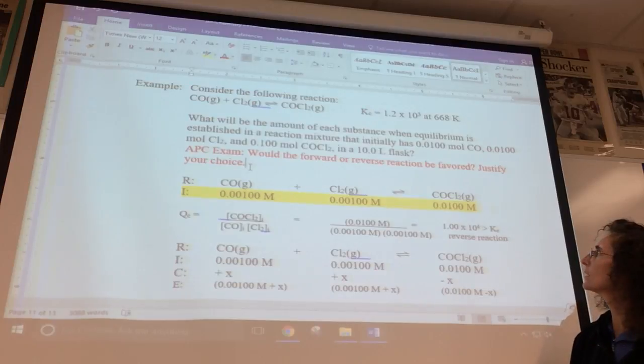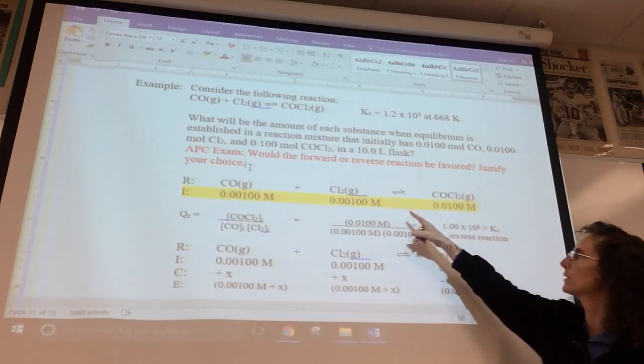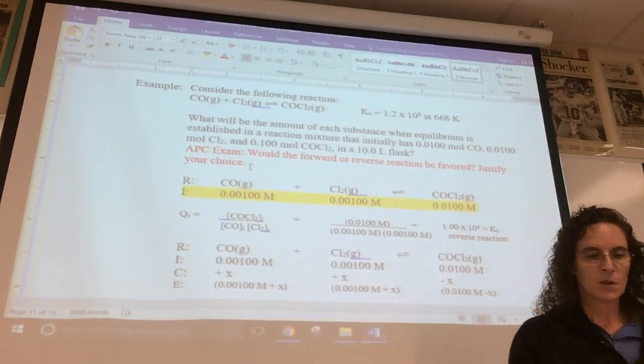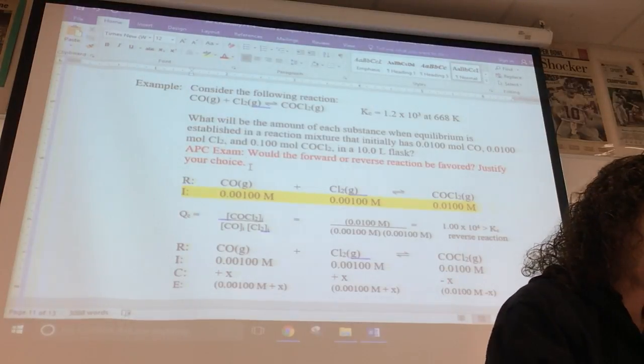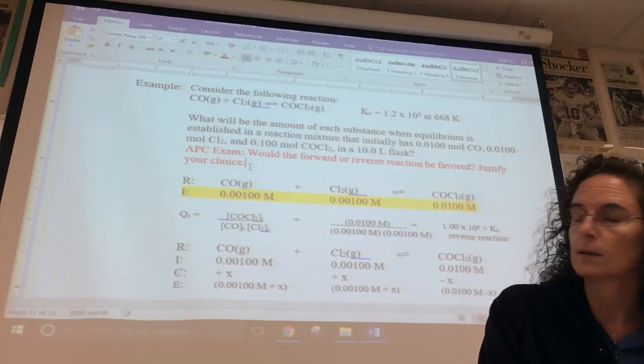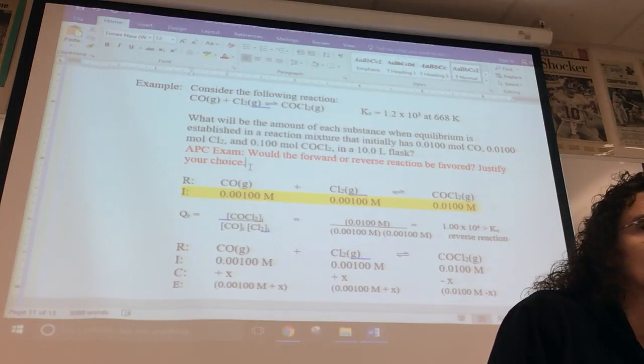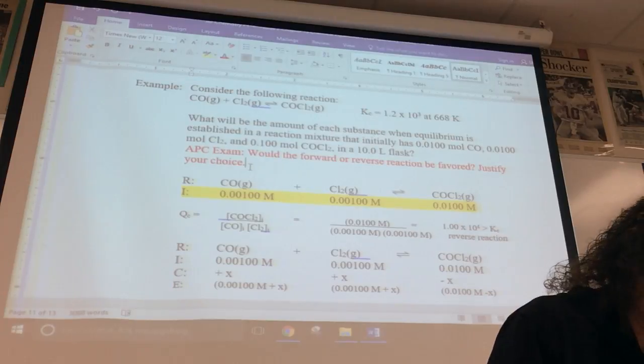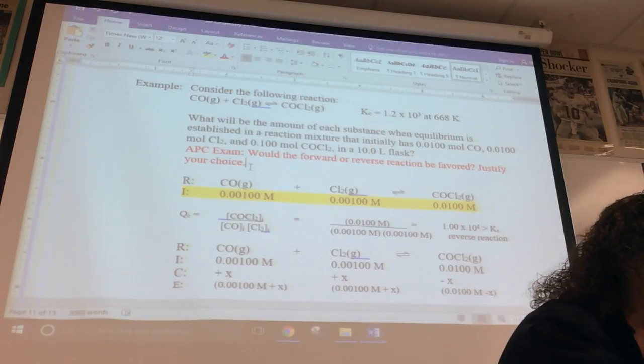And it's not always, oh, this number's bigger than this. Don't do that. The way that you figure this out is you calculate what? What comes from initial amounts? Oh, Q. And this is why the POGIL packet's going to be good for you.